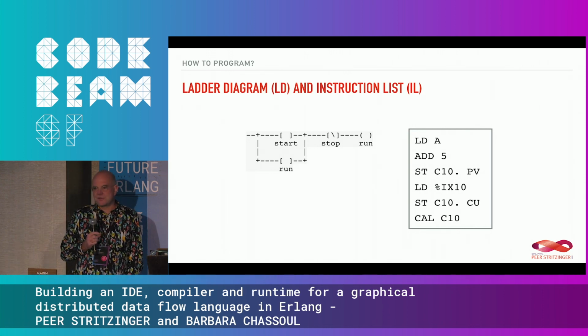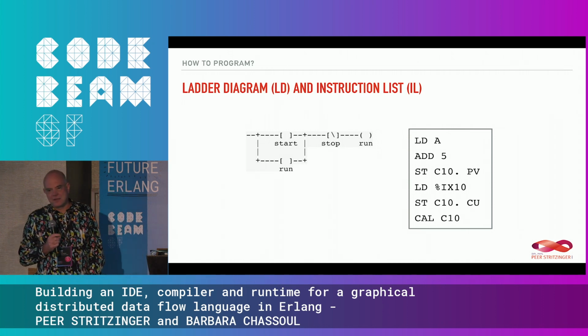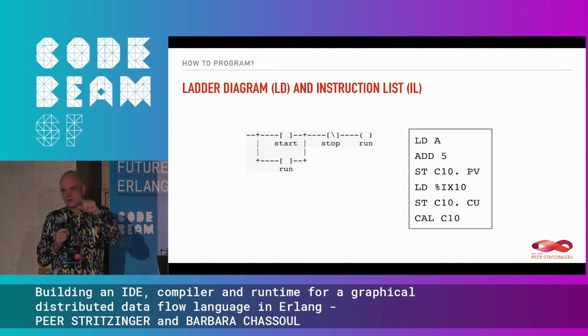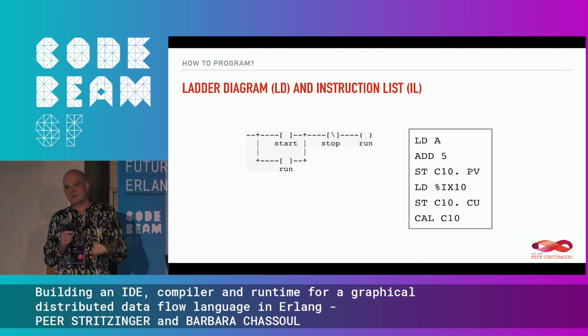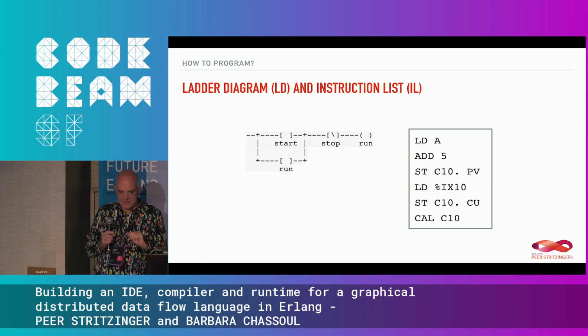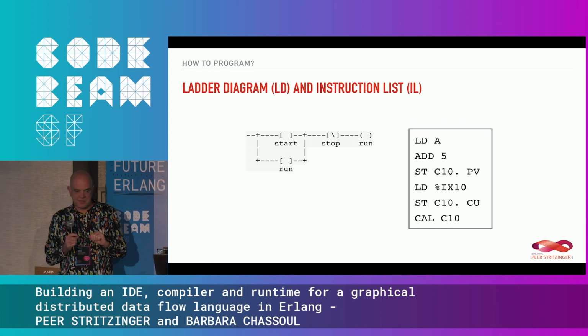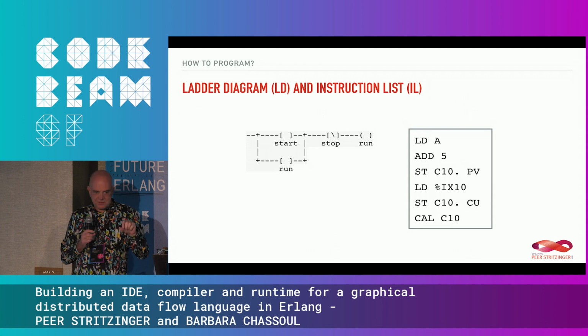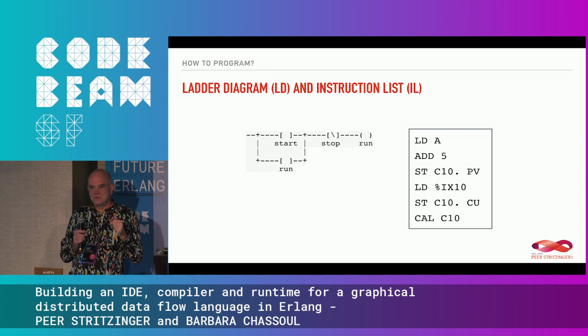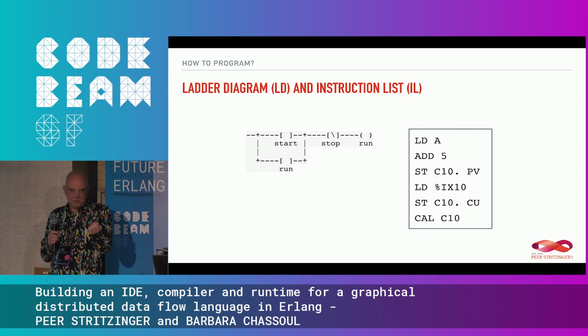And to not get confused, the electricians had a way of drawing these circuit diagrams for specialized relay circuits, which are called ladder diagrams. And that's what you see on the left. That's a ladder diagram, a very small one. In ladder diagrams, you have special symbols for coils. The round braces are a coil, which is basically an output, an actuator, because it's the coil of the relay.